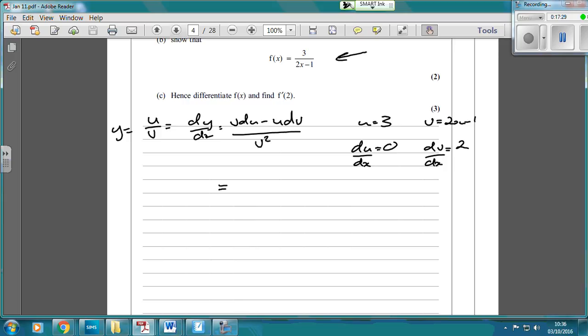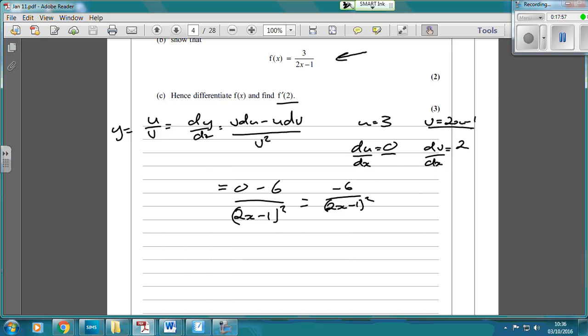So v du is 0, take away u dv, we take away 6, all over v squared, which is 2x minus 1 squared. So that equals minus 6 over 2x minus 1 squared.